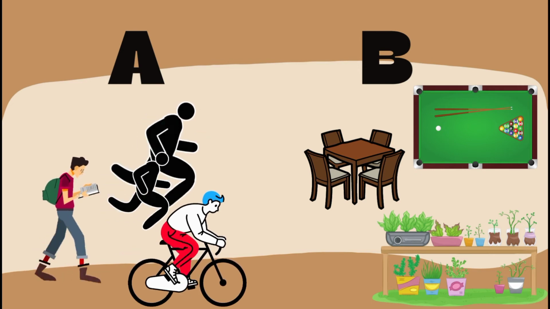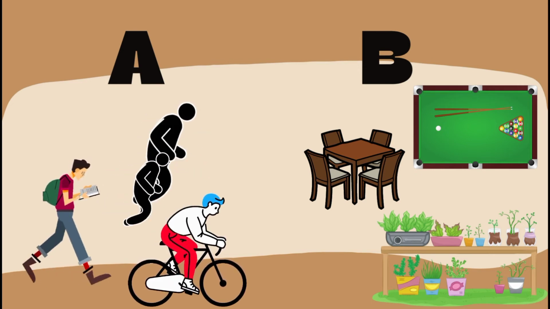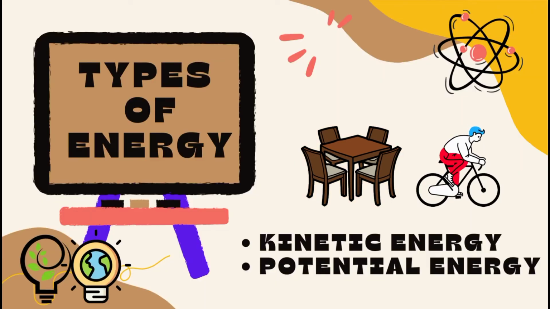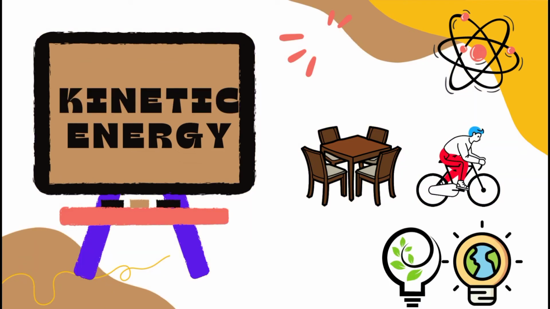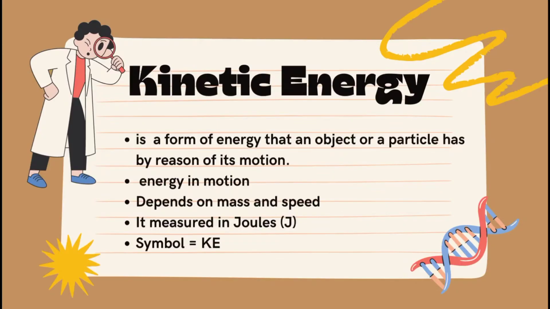In relation to our discussion for this session, we will talk about the types of energy, that is the kinetic energy and the potential energy. To begin with, let's start with kinetic energy. But what is kinetic energy? Kinetic energy is a form of energy that an object or particle has by reason of its motion.